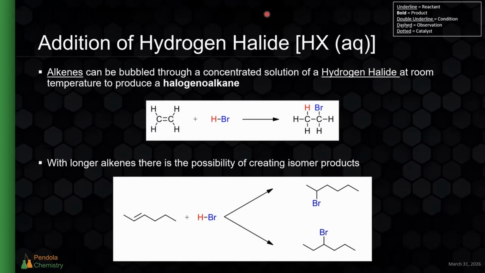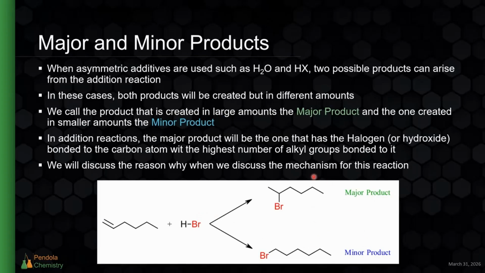If we add a hydrogen halide to an alkene in the gas state, we get a halogenoalkane. This reaction, because the hydrogen halides are asymmetric, can lead to a major and a minor product, which gets decided by whether the carbon is primary, secondary, or tertiary. Whether it has one carbon chain added to it, two carbon chains attached to a carbon, or three, which we didn't see.